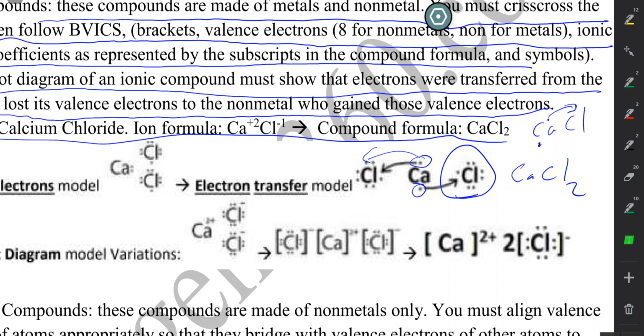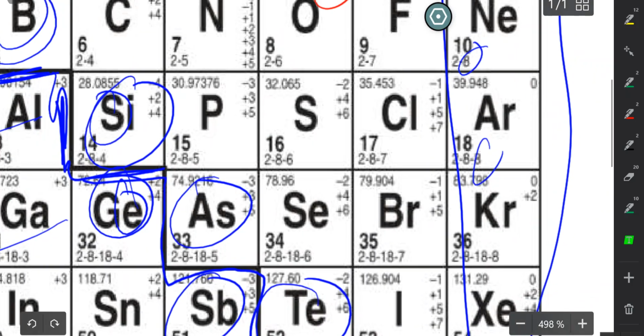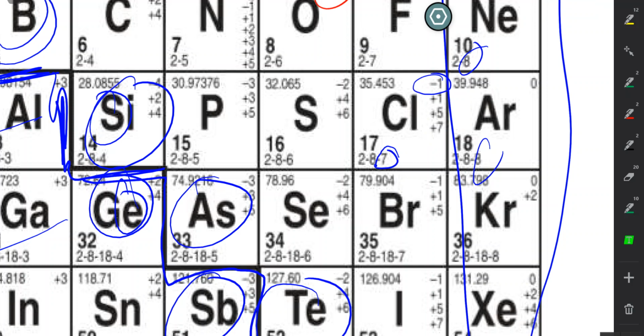So going back to the periodic table, I want to show you. Here's chlorine. Chlorine has only 7 valence electrons, and it would like to accept 1 more. Now you'll see many charges under that. Disregard those charges. These are very uncommon. The charge for nonmetals, the charge that's on top is the most common charge. That's what's most likely going to happen to chlorine.